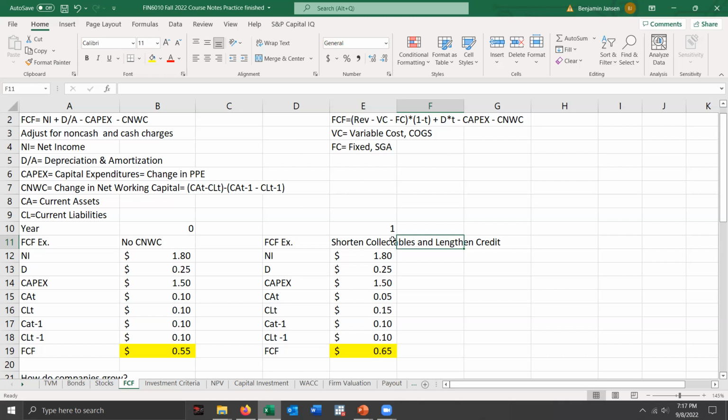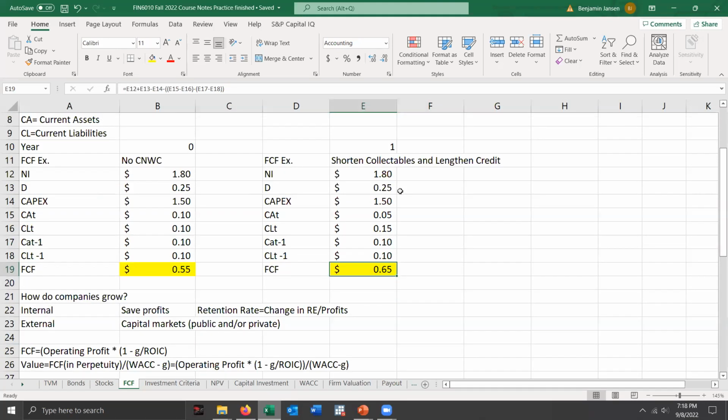Okay, I got it. So it's basically you trying to not pay off your debt as fast as before, so you free up free cash flow. Exactly. And then the exact opposite with the shortening collectibles, you're receiving your money earlier. Okay. Yep. All right, so this is one of the things companies can do to increase the free cash flow, just by managing their net working capital.